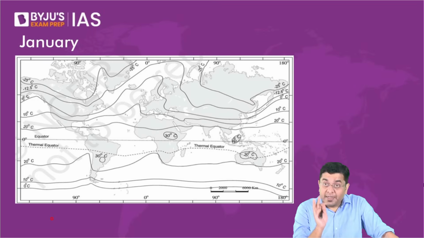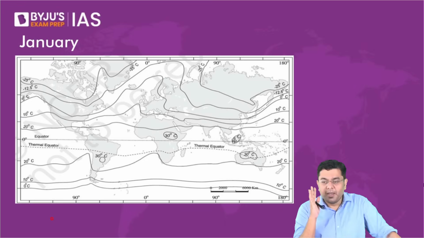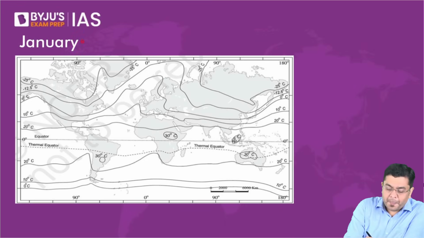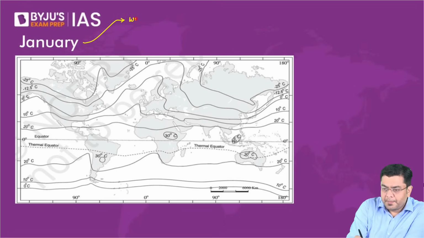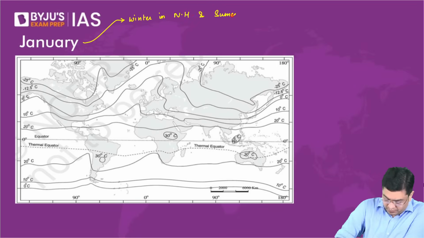January is winter in the northern hemisphere and summer in the southern hemisphere. Let me write it down. Winter in northern hemisphere and summer in southern hemisphere.